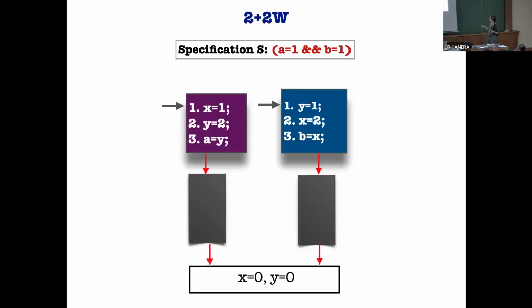All right, so my last example, which is 2+2W again under TSO. So what do you think? Okay, so X is 1, Y is 1. The second write and the second write.